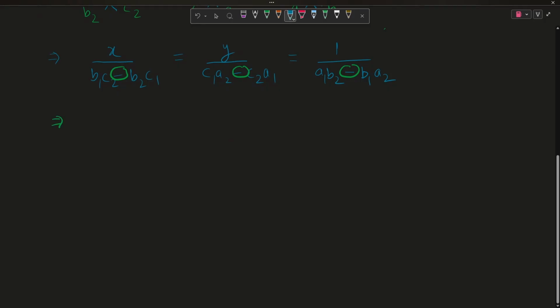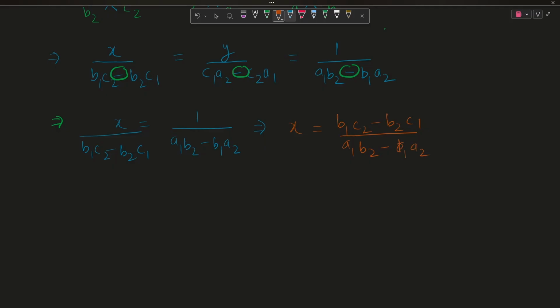So I can write, we will equate x upon b1 c2 minus b2 c1 to 1 upon a1 b2 minus b1 a2 to get the value of x, which will be x is equal to b1 c2 minus b2 c1 upon a1 b2 minus b1 a2.